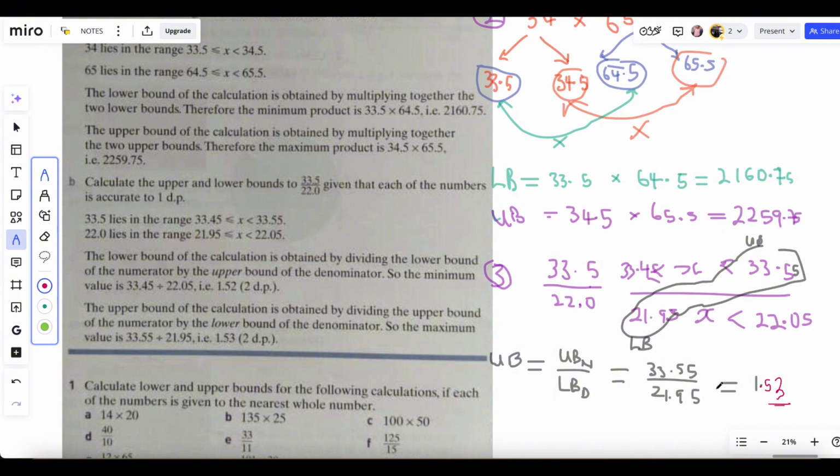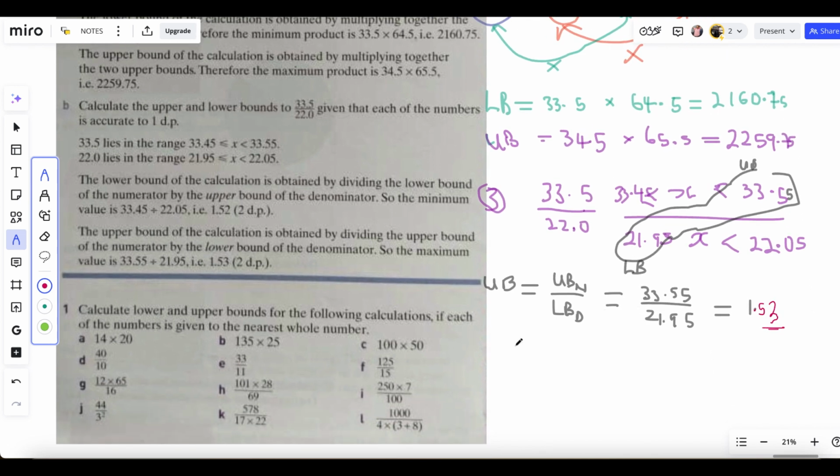Now, how do you do the lower bound? For the lower bound, you say LB. You divide the lower of the numerator by the upper of the denominator. So what's the lower of the numerator?